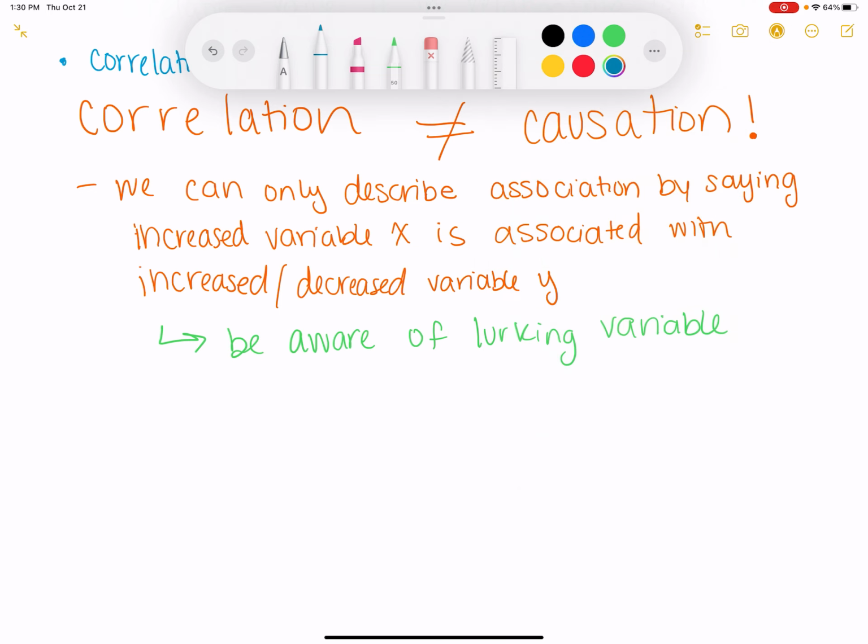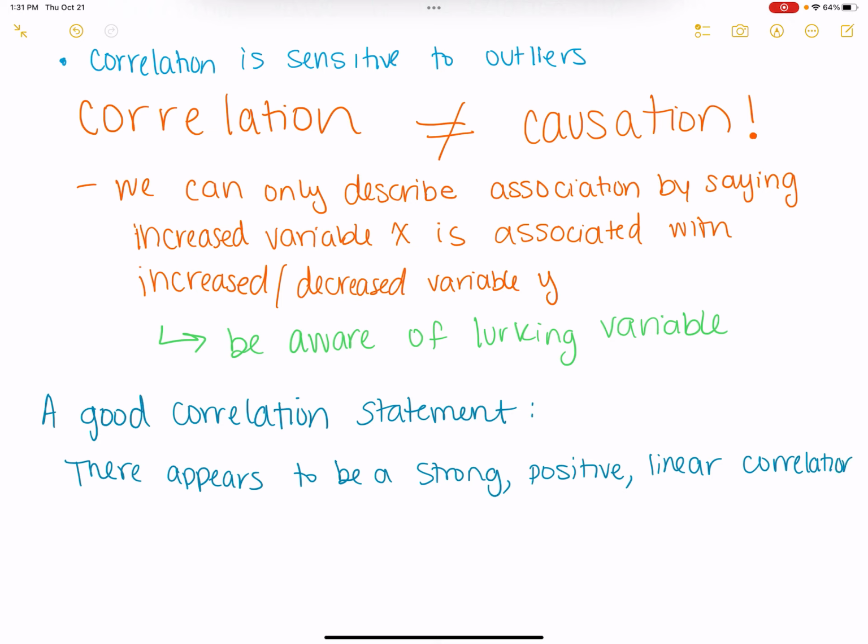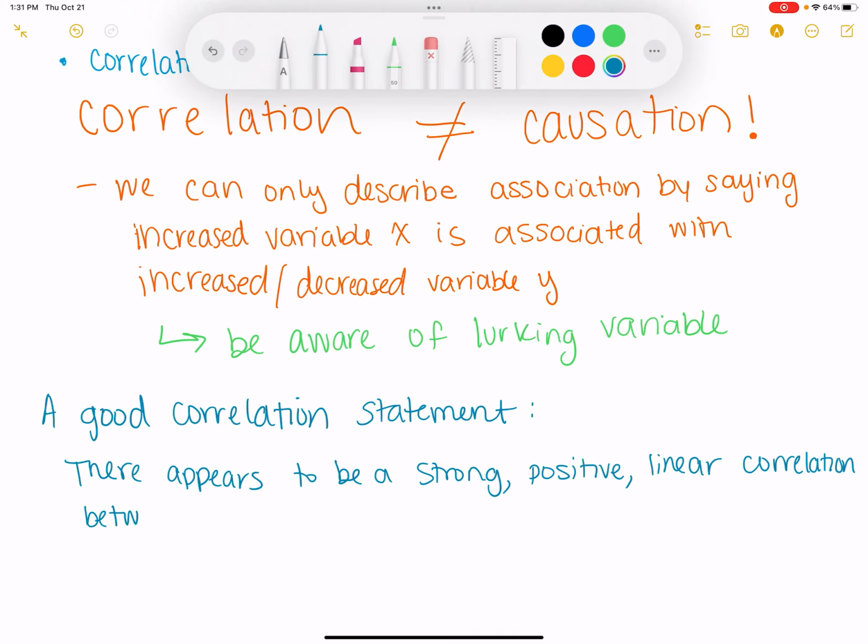A good correlation statement: there appears to be a strong, positive, linear correlation between hours studied and test scores.